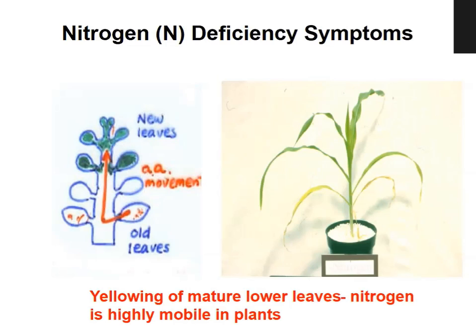Nitrogen is highly mobile, so its deficiency hampers vegetative growth and appears on older leaves. The leaf turns yellow in the case of nitrogen.